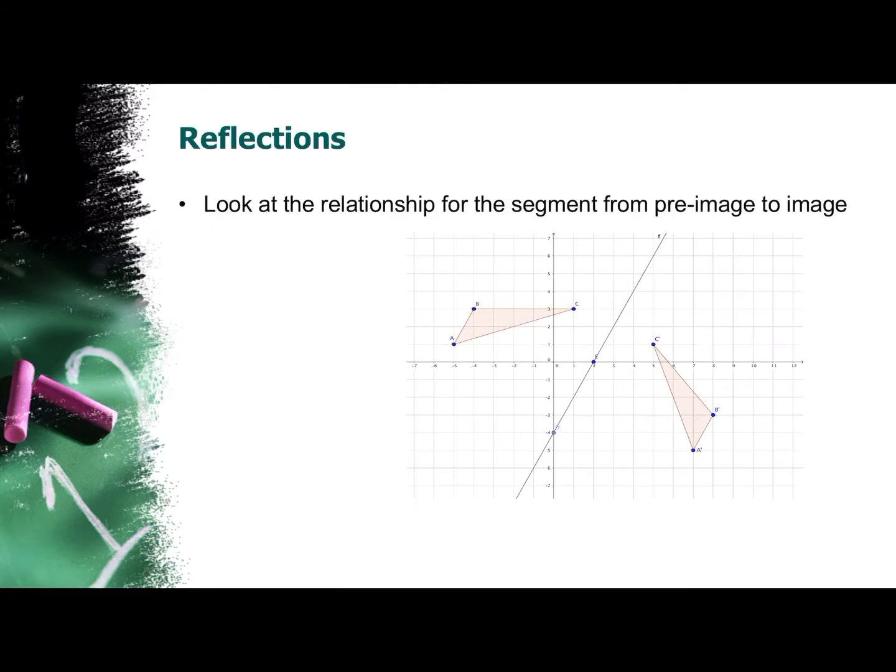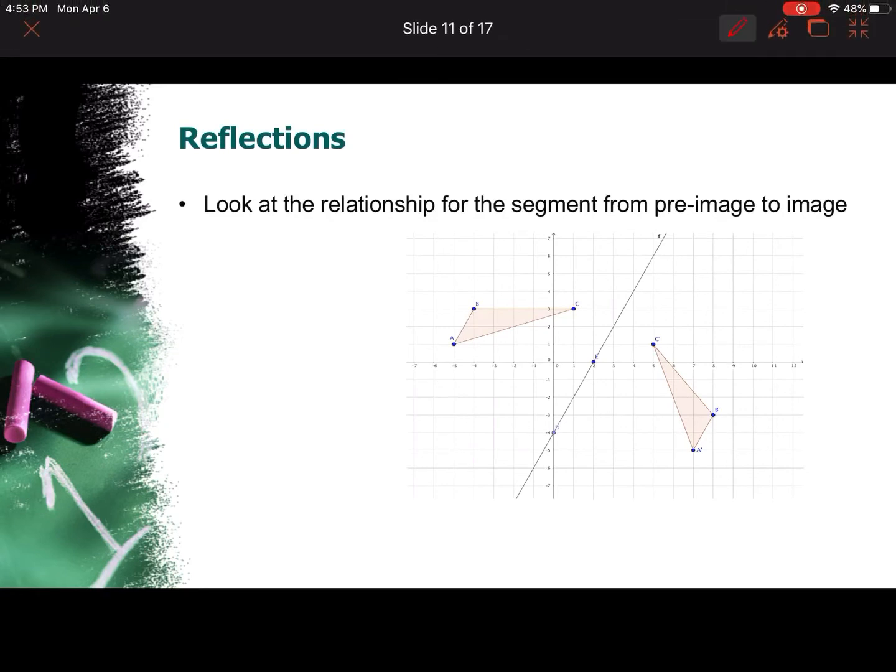Take a moment, pause the video, and take your ruler and protractor or whatever. I want you to look at the image and pre-image, and especially at those lines. We've probably already talked about it: if you draw that line, then DE is the perpendicular bisector.